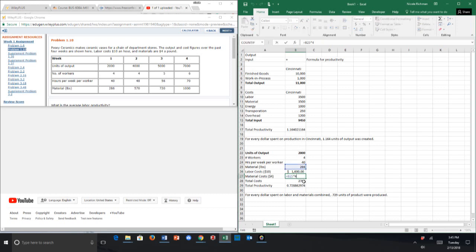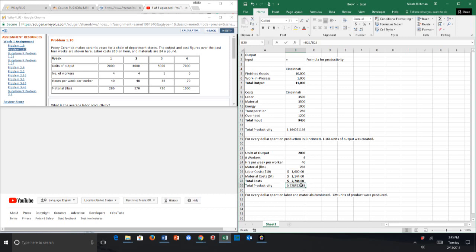We do the same thing for material costs. Material costs are $4 a pound. So again, we take our total pounds of material and multiply that by 4, and we get the total cost of materials used to transform into our output. So our total cost is the sum of these two. Again, we use cell references. So 2,744.